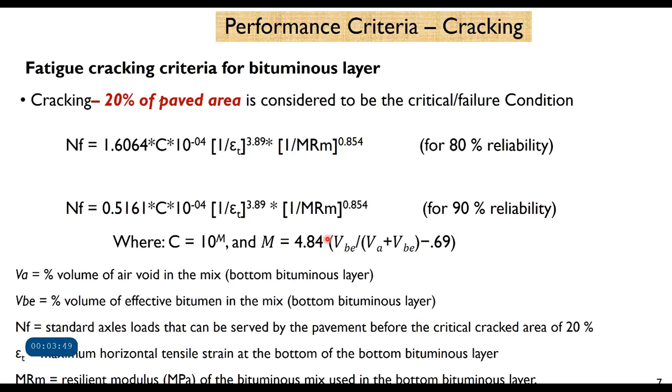So from this we calculate M, from M we calculate C, put the value of C here, along with the tensile strain at bottom of bituminous layer and the MR value of the bituminous mix, and you can calculate how many repetitions of standard axle load this pavement can take before the cracked area is 20% or more.